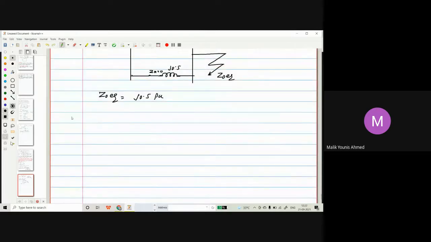So hence, the fault current in per unit will be 3IA naught, and that will be 3 EA1 divided by Z1 equivalent plus Z2 equivalent plus Z naught equivalent.